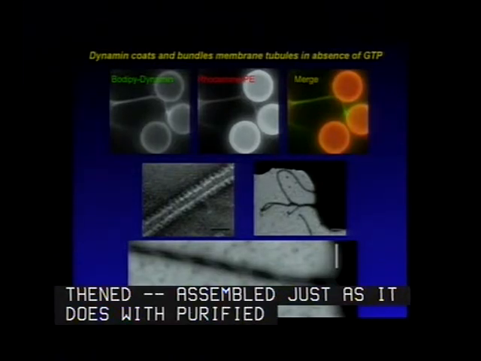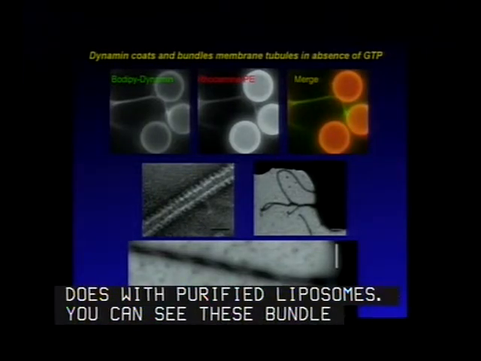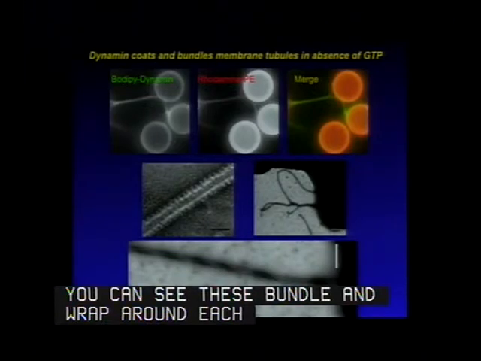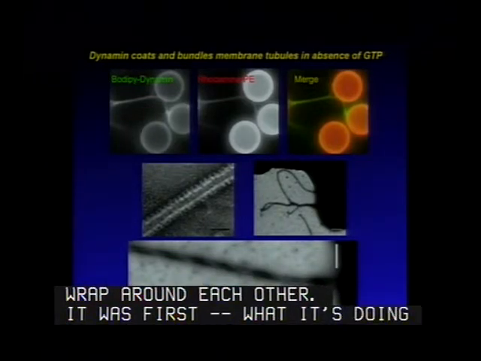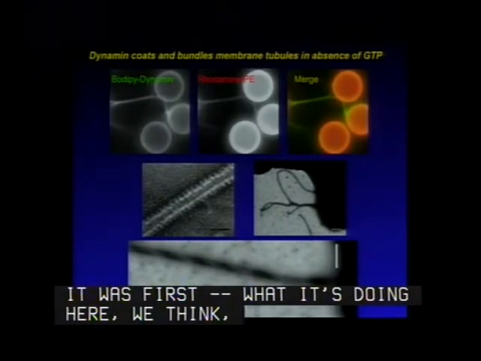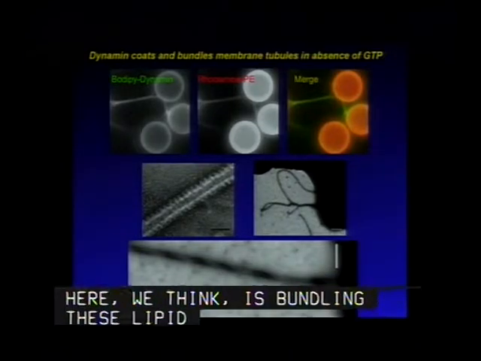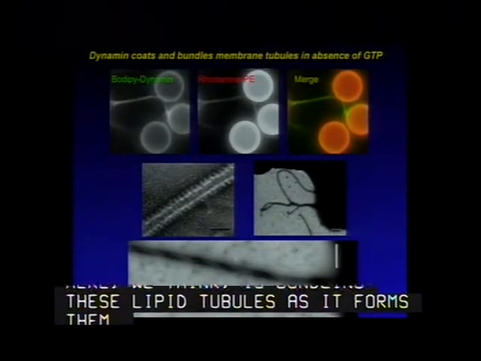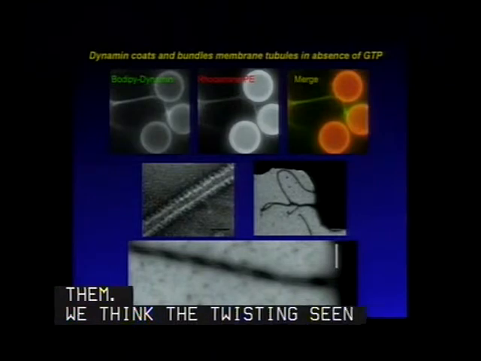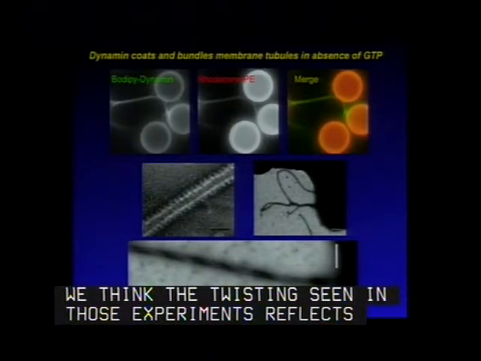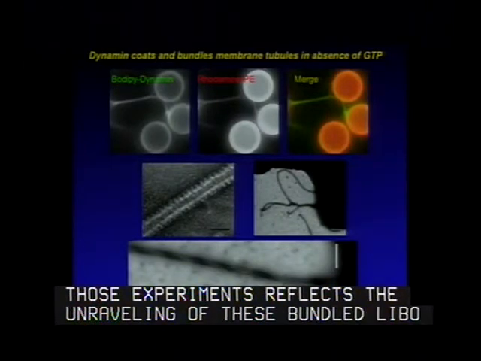In fact, dynamin was first identified as a microtubule bundling protein, and we think what it's doing here is bundling these lipid tubules as it forms them. Just in passing, we also think the twisting that was seen in those GTP experiments reflects the unraveling of these bundled lipid tubules, because these things unravel in the presence of GTP.